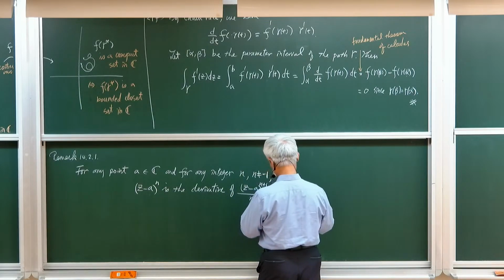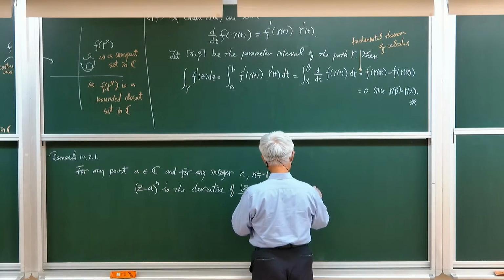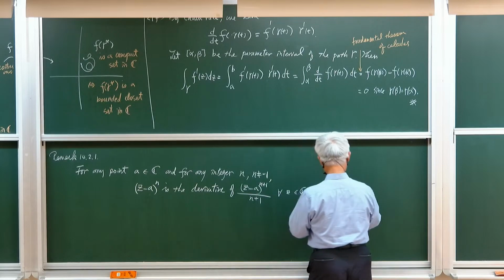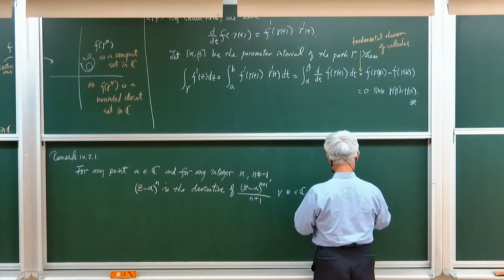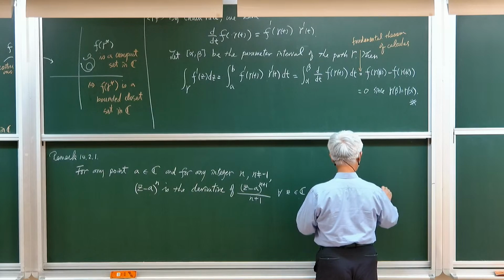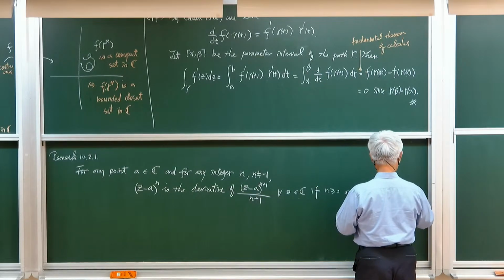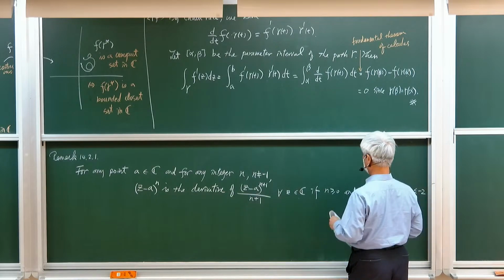This is true for all z in C if n is greater than or equal to 0, and for all z in C except a if n is less than or equal to -2.